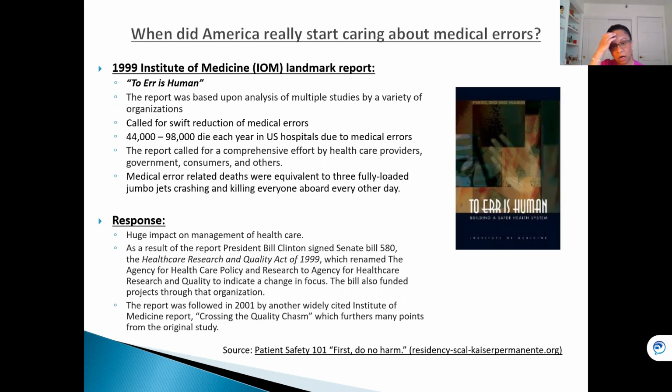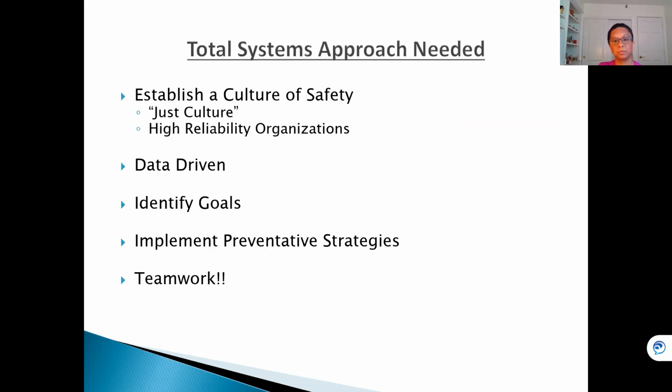There was a follow-up report in 2001 called Crossing the Quality Chasm, which further built on the original study. I would say definitely take a look at both reports to see if you want to delve deeper into the findings, the next steps, and who was involved. But this really marked the genesis of the focus on patient safety in our country.